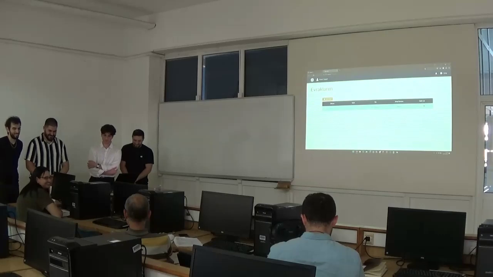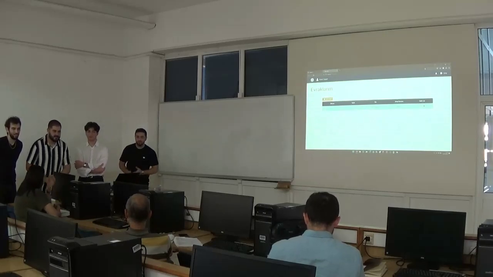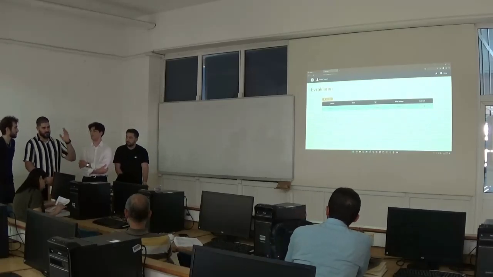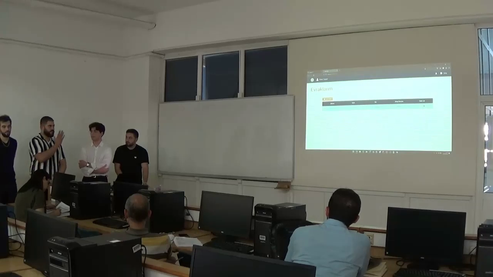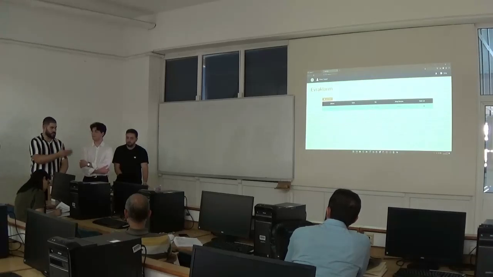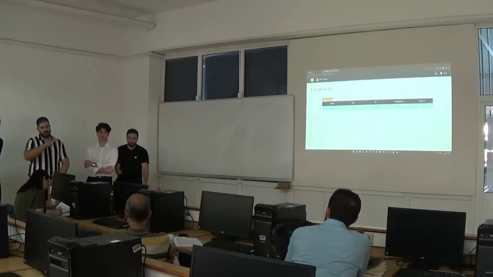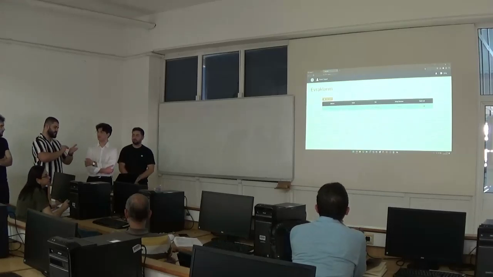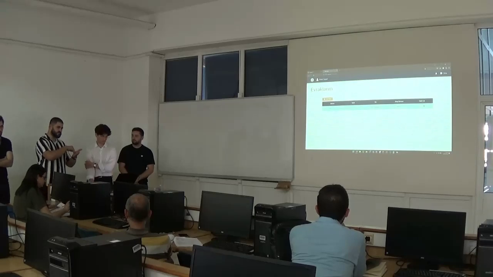Any questions? Is there a security issue? Yes, for security, the backend endpoints all have authorization with JWT tokens and roles. When the user logs in, the backend sends the JWT token, which has the role encrypted inside it.